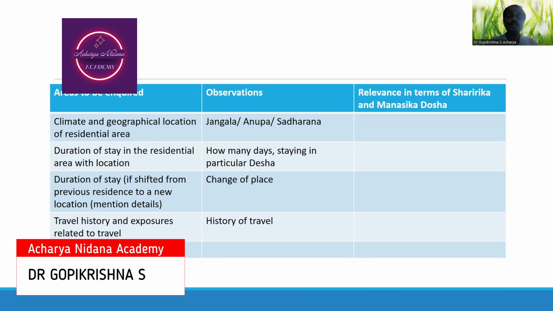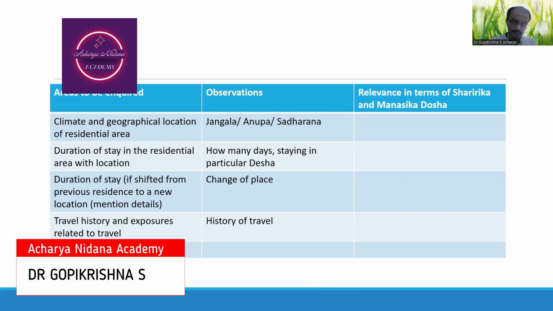Suppose the person is changing the place, you have to note the change of the place: since how many days he was having the earlier location and since how many days he is having the new location.